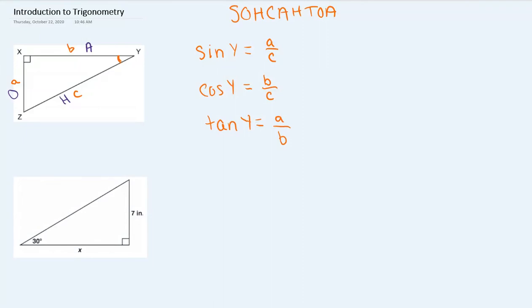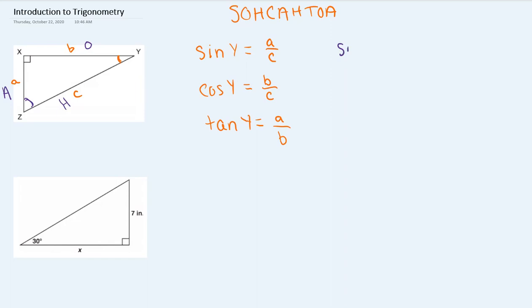Okay, so if we did the same thing, but now we look at Z, then across from Z is your B, that's your opposite. C is still your hypotenuse, but in this case, your adjacent would be your little a. Opposite, adjacent, and hypotenuse.